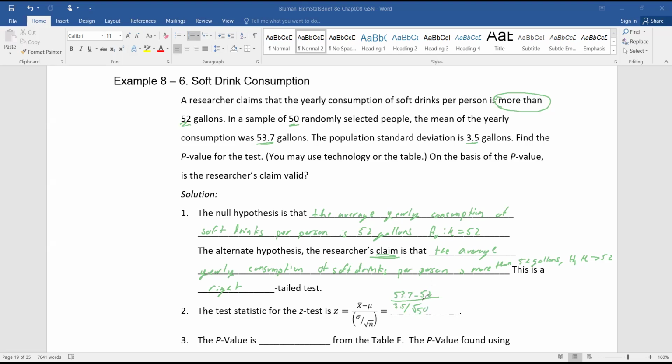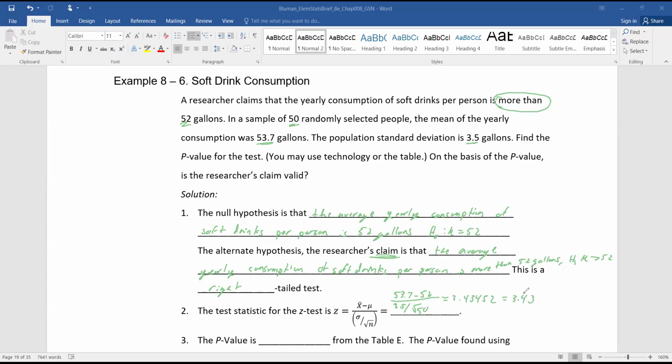I'm going to type that into my calculator real quick. And I see that I get 3.43452. I'll round that to about 3.43.